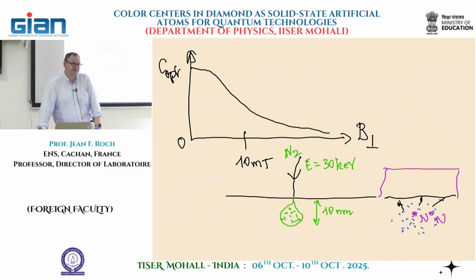So perhaps they will definitely be able to grow things a little bit like that and have NV close to each other in a very pristine diamond environment, far from the surface, which is a source of endless problems. So that's the point. Yes, please.